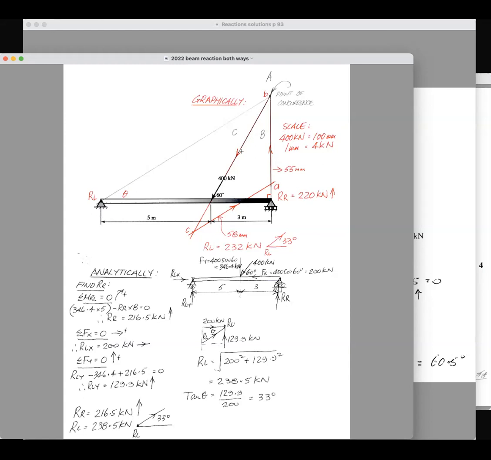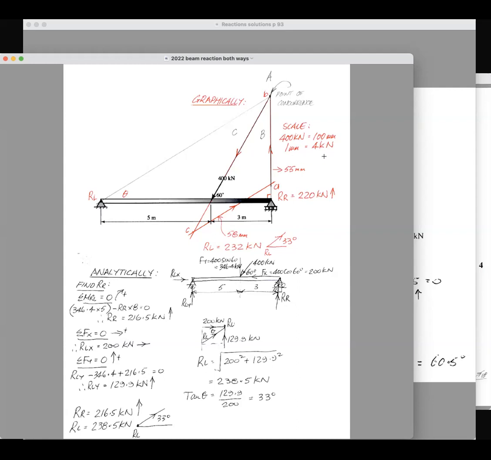You can adjust your scale so it'll fit on the page, and make sure that your force diagram obeys the hole in the hand rule. I've shown you that. If you get your second finger next to your index finger and your thumb, make a hole. The force diagram has to be bigger than that hole that you've made with your finger and thumb.